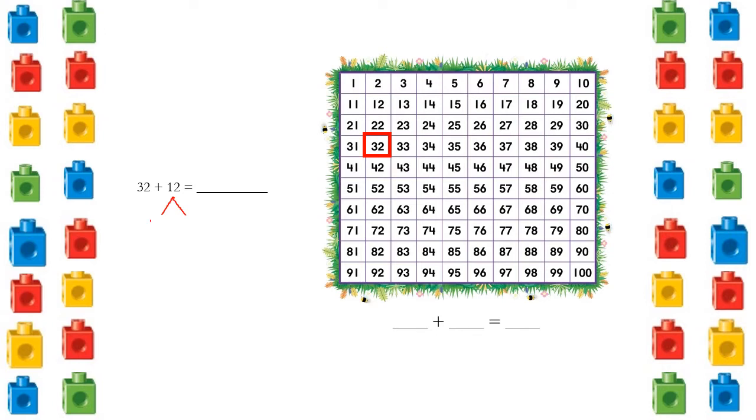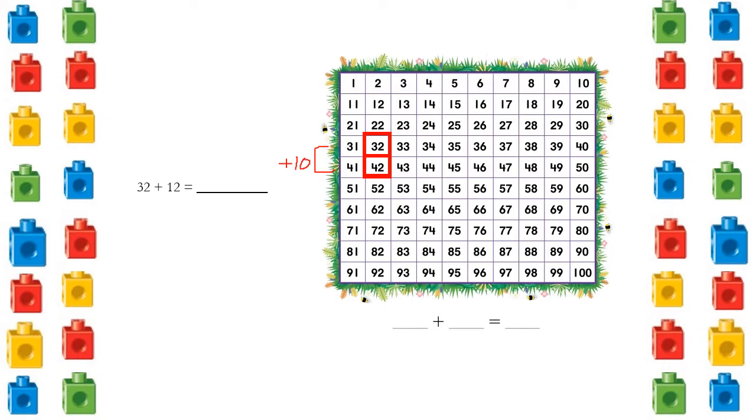We can break it up into a 10 and a 2, okay? Because 10 plus 2 equals 12. Well, if we go down one row, we'll have 42, because when we go down one row, it's like saying plus 10.